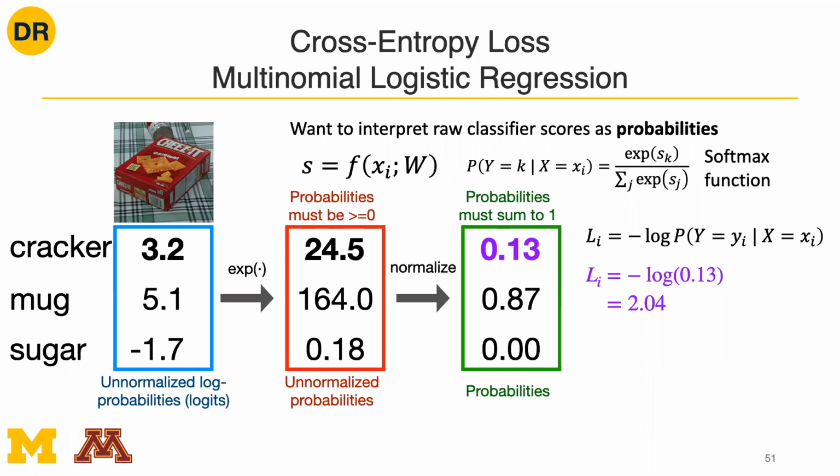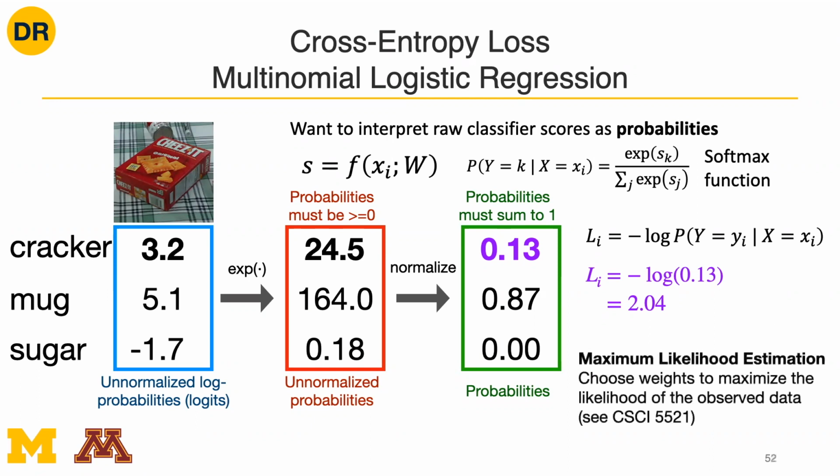And if you think about it, we want the probability to be close to 1, which means the loss will be close to 0, because log of 1 is 0, so that's what we want. This is called maximum likelihood estimation. I'm not going to go into the details.